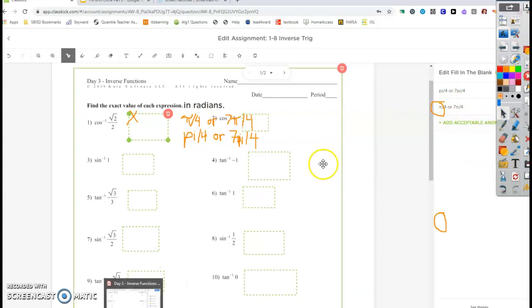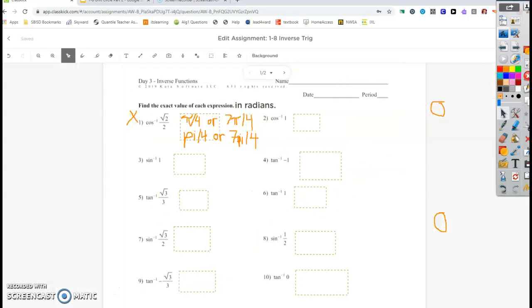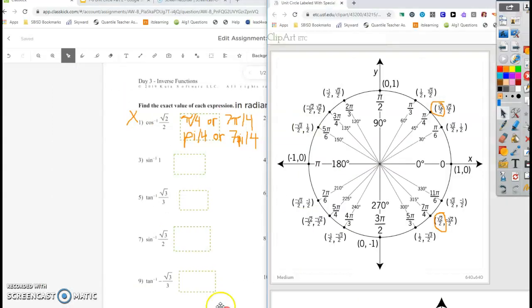I'm going to do one more question just to make sure we're all on the same page. So now I'll do sine inverse of 1, number 3. So I'm going to go on this chart and figure out when the answer for sine is 1, and I'm looking at the y-coordinate only.